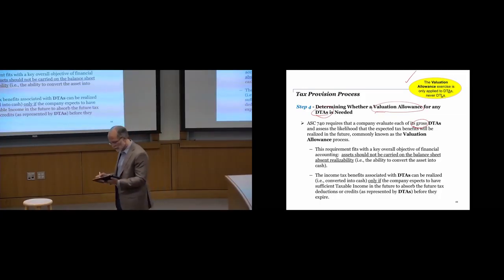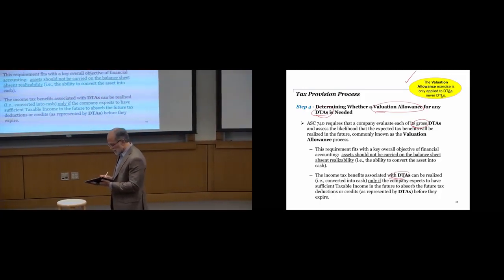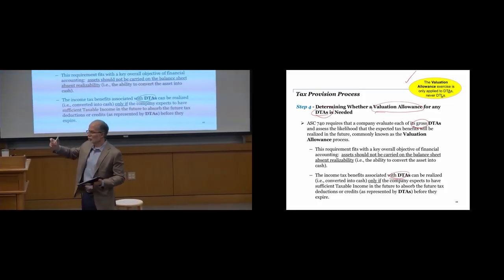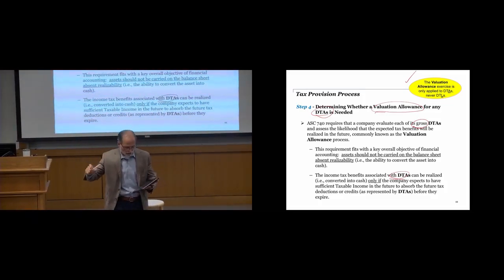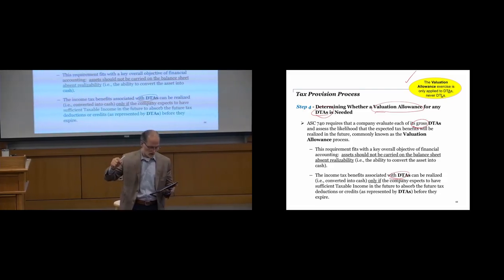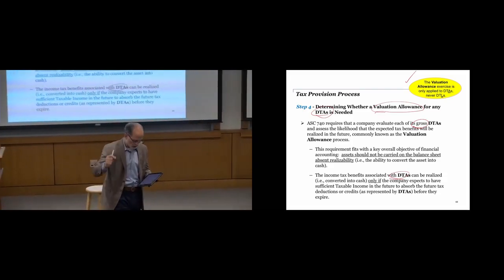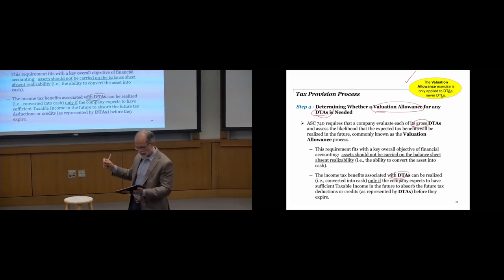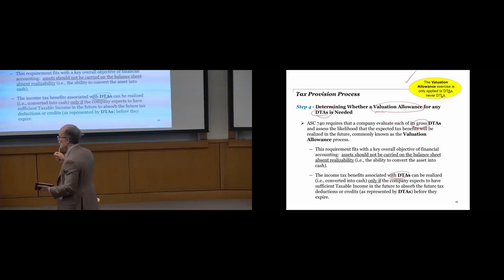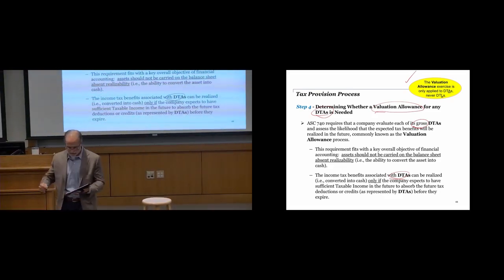So, the income tax benefits associated with DTAs can be realized, and that means it's convertible into cash, only if the company expects to have sufficient taxable income in the future to absorb the future tax deductions or credits that give rise to DTAs before they expire.